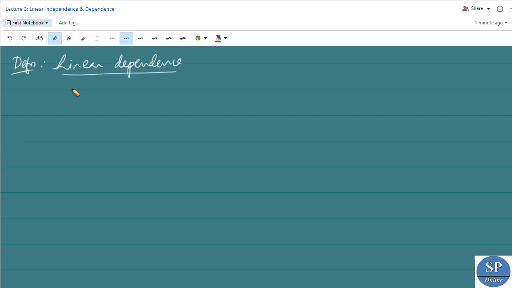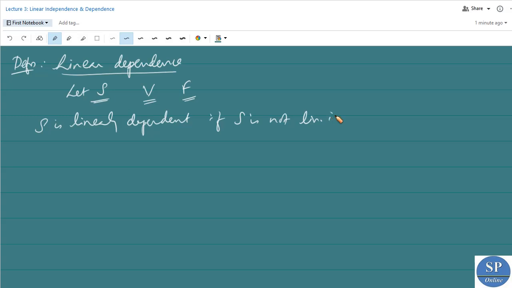Let S be a non-empty subset of a vector space V over a field F. Then S is said to be linearly dependent, or simply dependent, if S is not linearly independent.